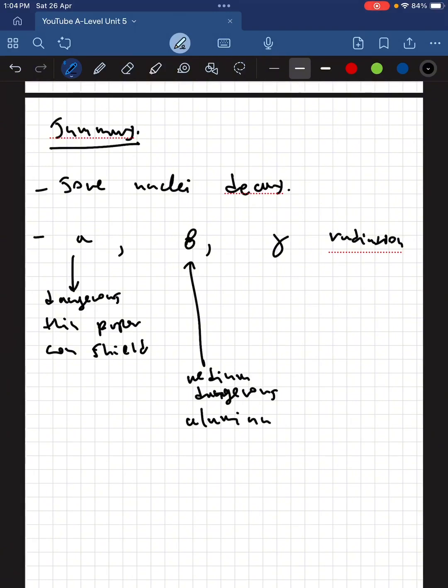Aluminum can't shield it. And gamma is the least dangerous, so low danger, okay? Yes, and now let's proceed to talking about the time involved for these decays.